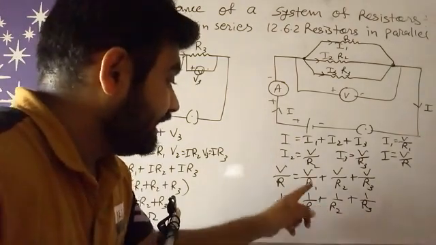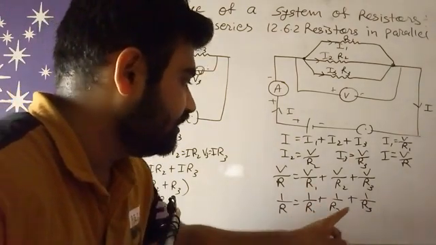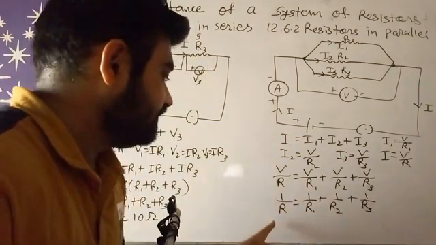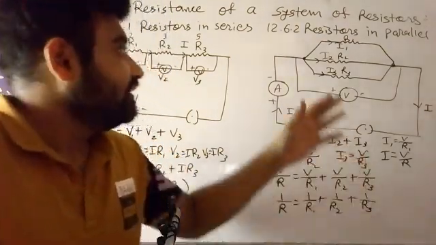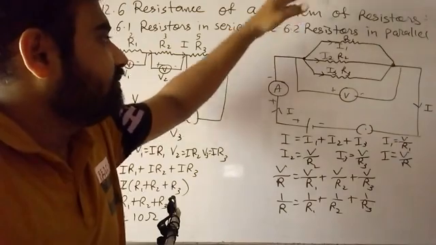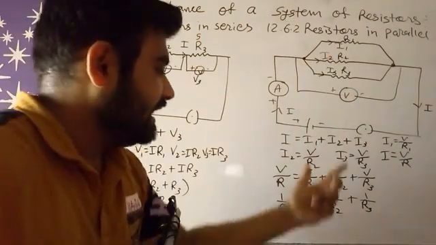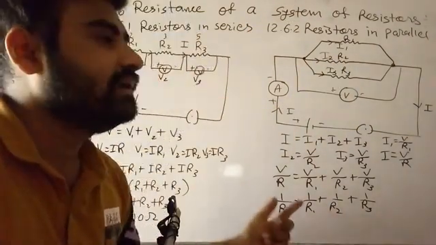So whenever we keep resistances in a parallel connection, we take the sum of the reciprocals of the individual resistances, which gives us the reciprocal of the equivalent resistance. So whenever resistors are in parallel, we take this direct equation to find the equivalent resistance.